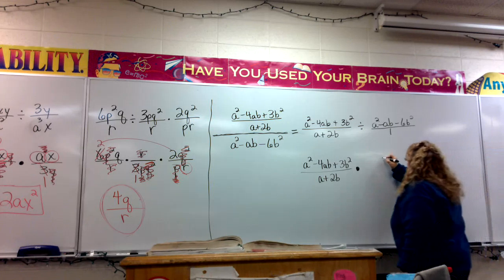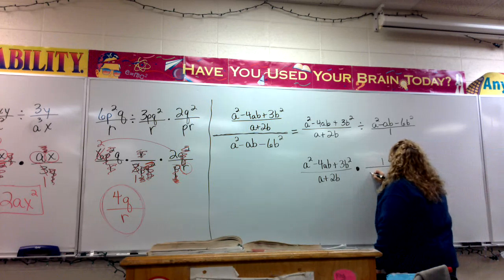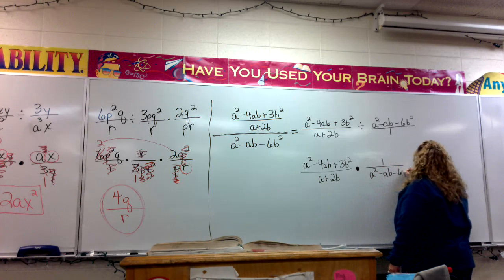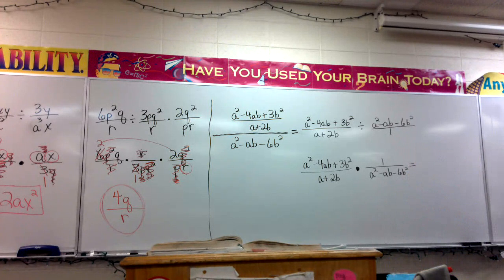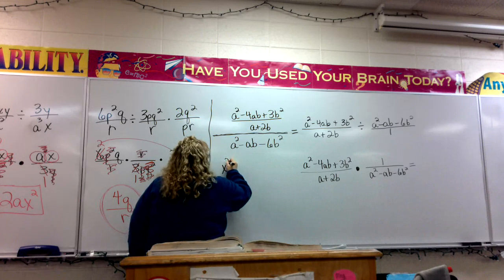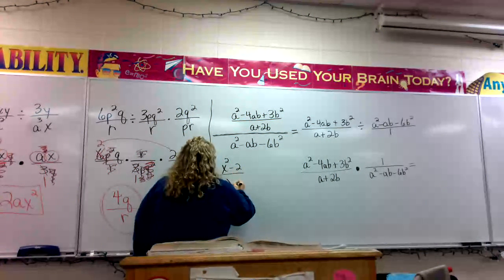So now I'm going to have 1 on top, a squared minus ab, like that. Now what? Now you can cancel stuff, but remember the other day when we did x squared minus 2 over x squared?